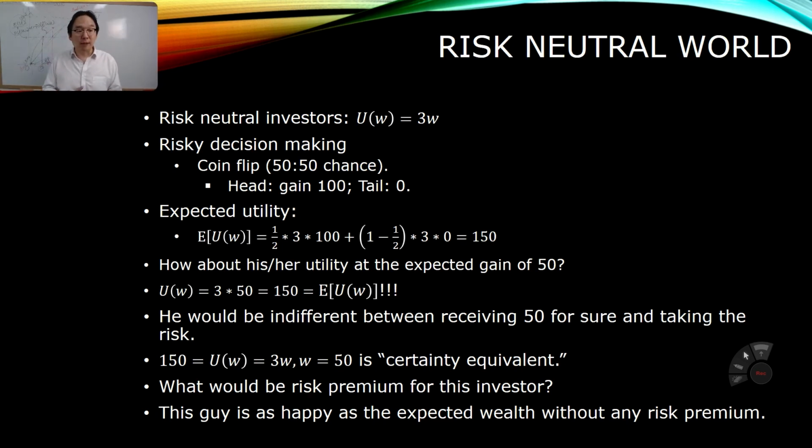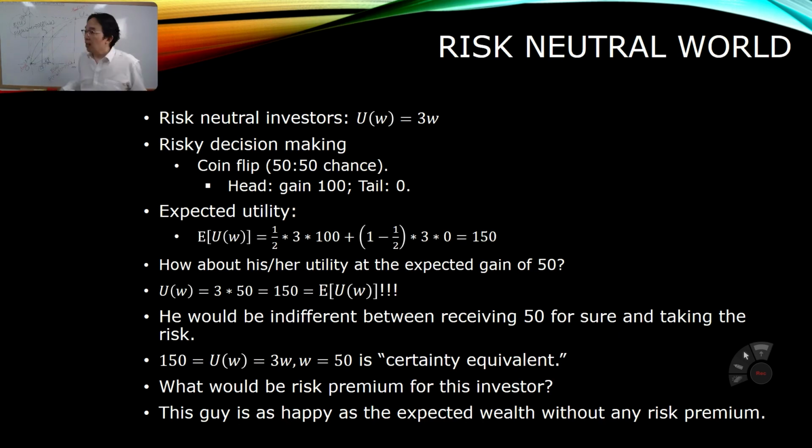Half of what? Well, 3 times 100 in your head state, and then 0 in the tail state, right? 2 different states of nature, probability half and half, average of it, 150. That's your expected utility. That's this guy.